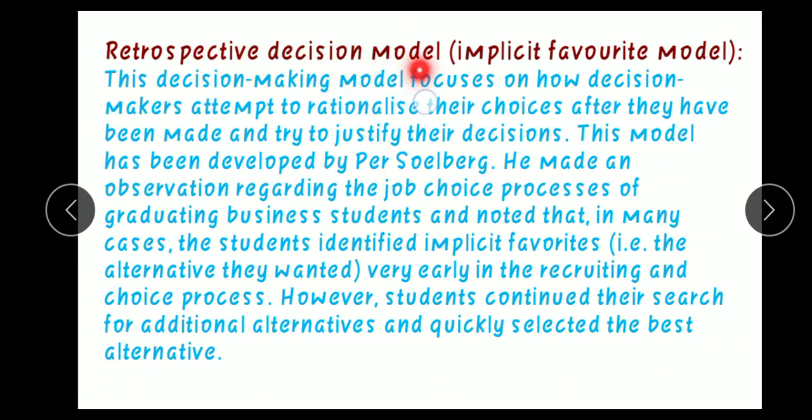Retrospective decision model. It is also called the implicit favorite model.